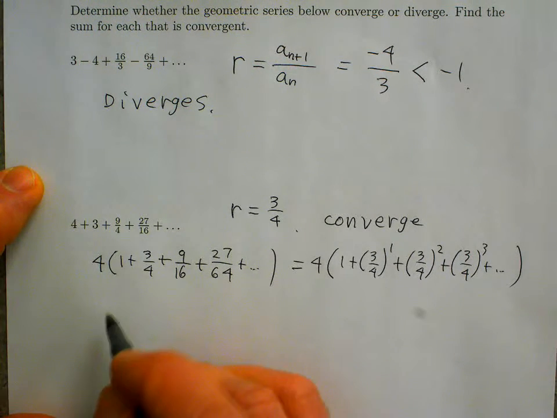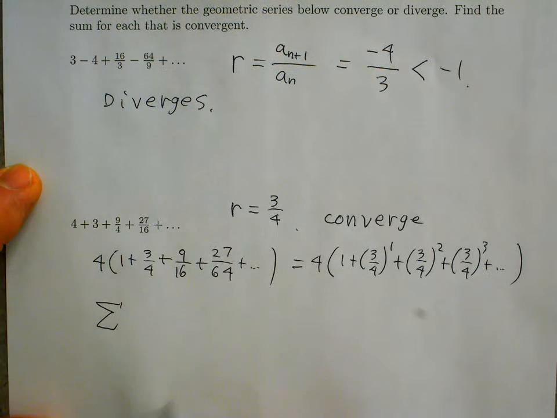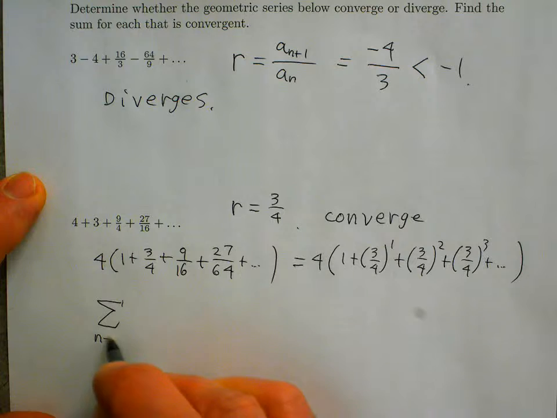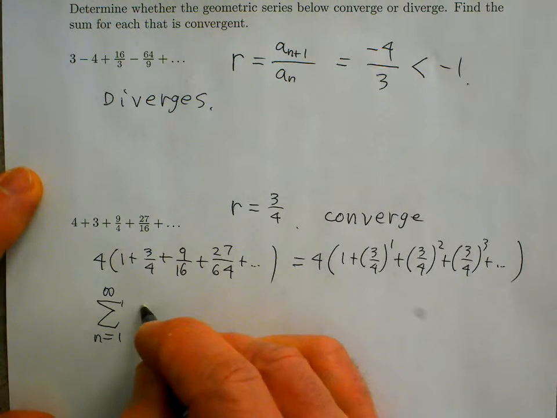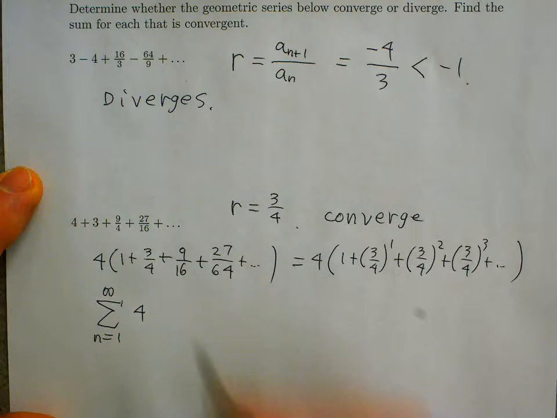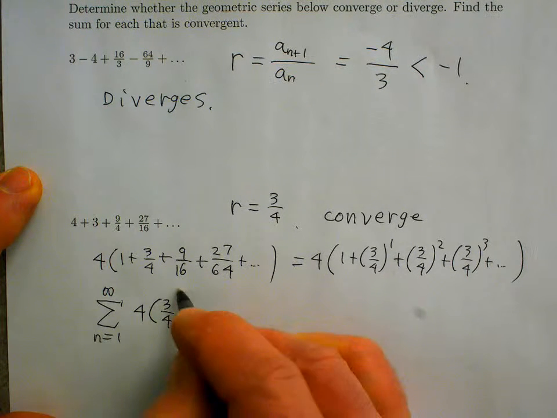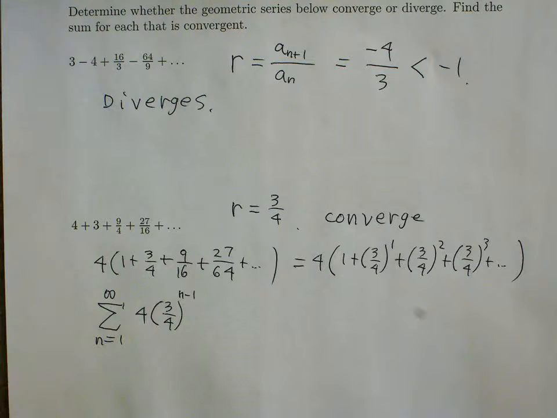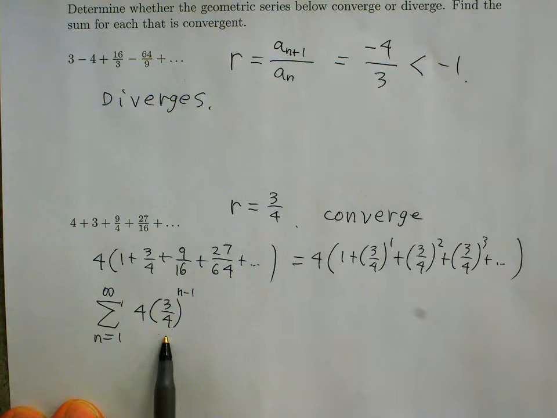Okay, so as an infinite sum, a series, that is, if we range from n equals 1 to infinity, we can write this as 4 times 3/4 to the n minus 1. And you can verify that this is the right formula.